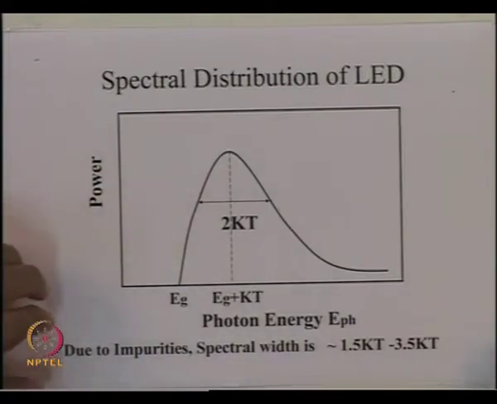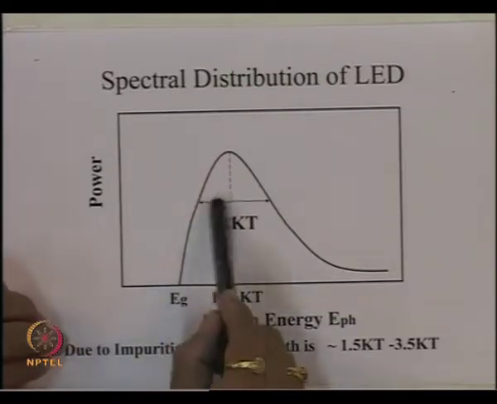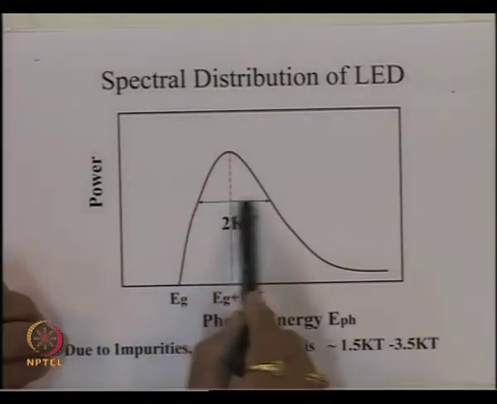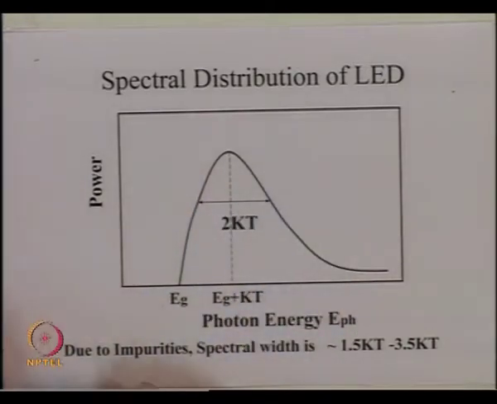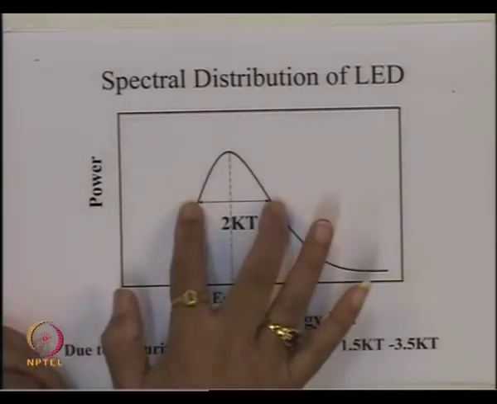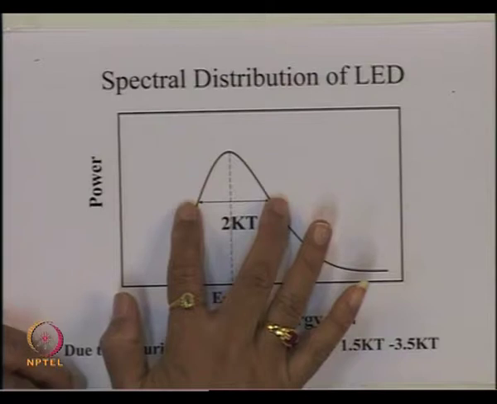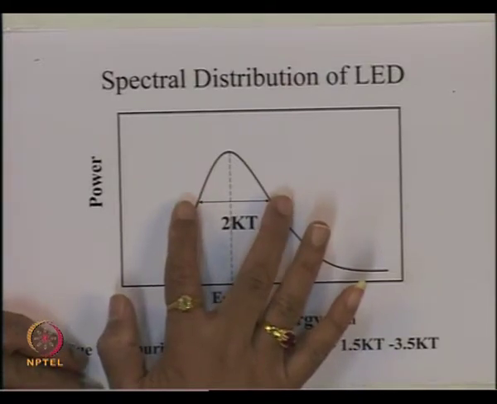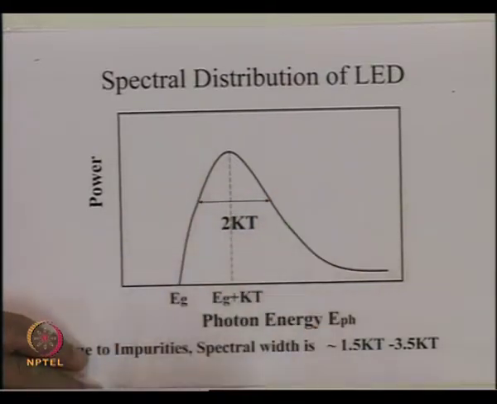The second important aspect for this analysis is that if I measure the effective width of this function, that gives me the spectral width of the light emitted by the LED.